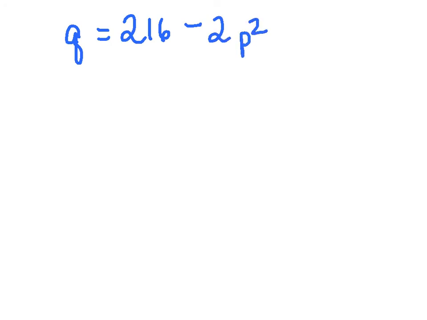Let's try one last problem. Assume that the demand for a product is Q is equal to 216 minus 2p squared, where p is our price.